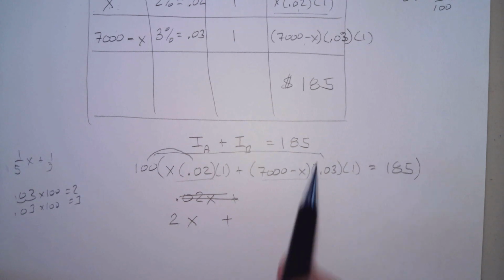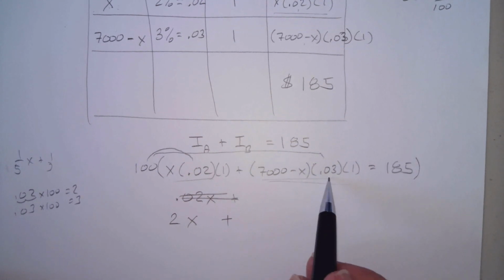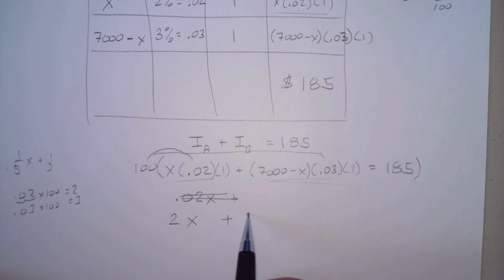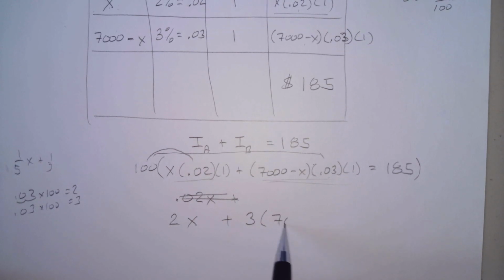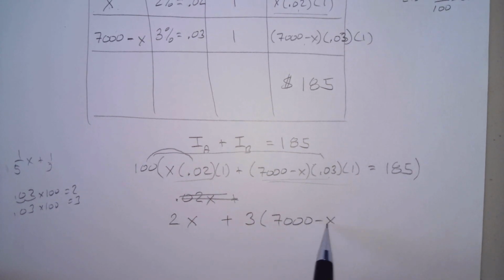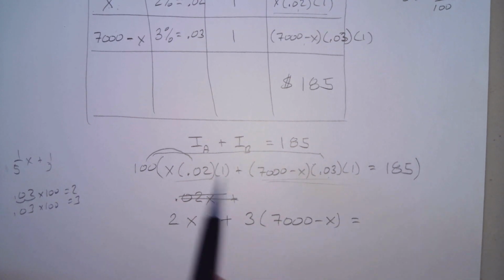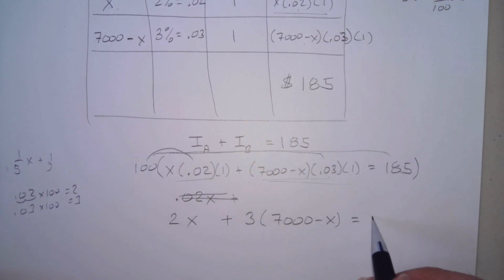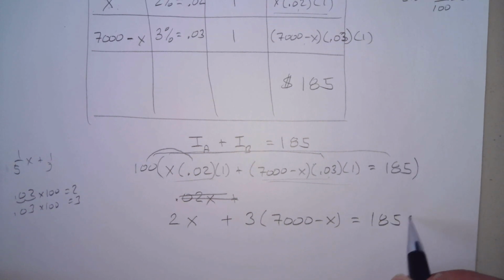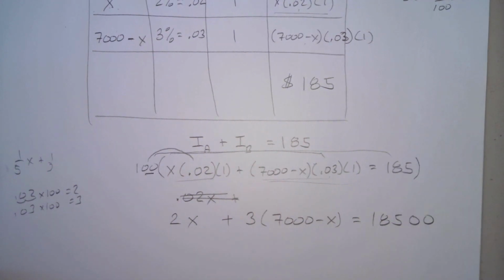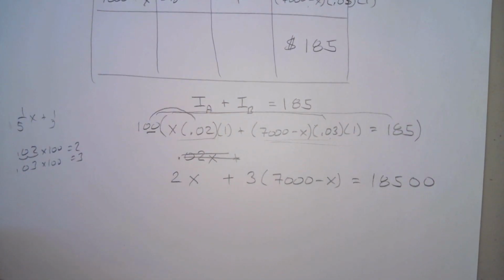Since these are all multiplied, I just attach the 100 to this one: 3 times 7,000 minus x times 1. 100 times this one, so it's 185 with 2 more zeros. So we can get rid of decimals the same way we get rid of fractions.